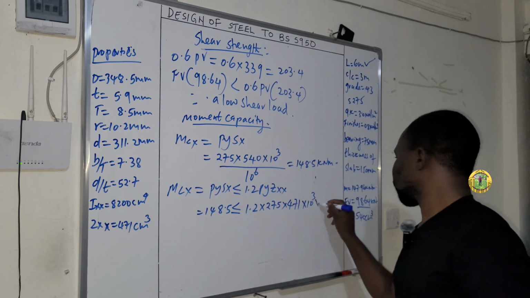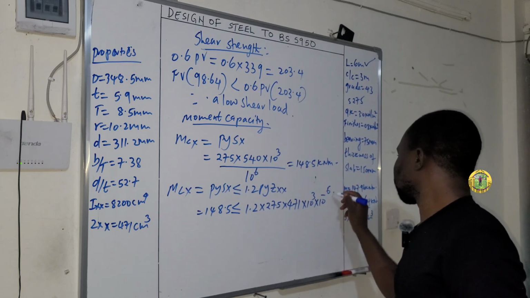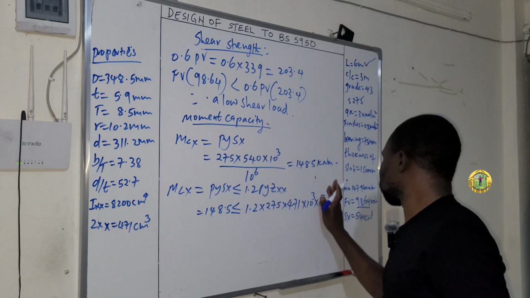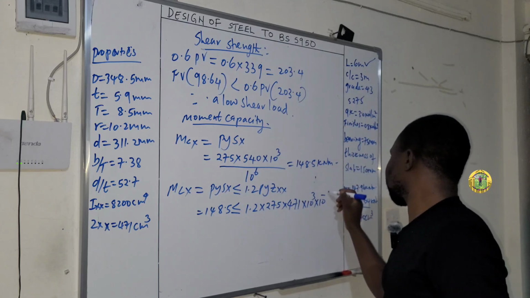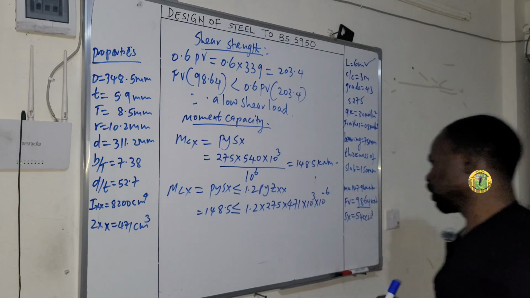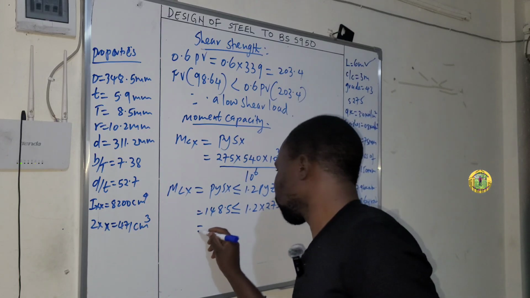Then multiply by 10 to power of -6, so that your answer is in kilonewton meter.